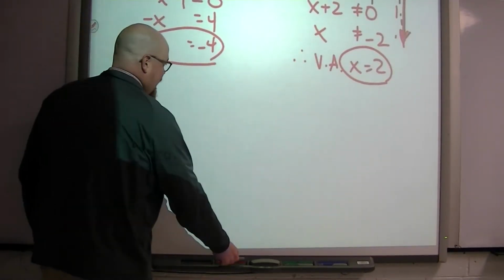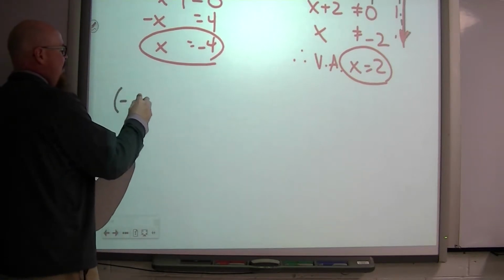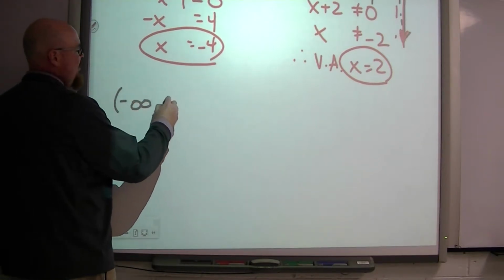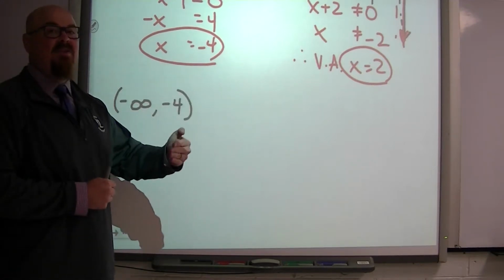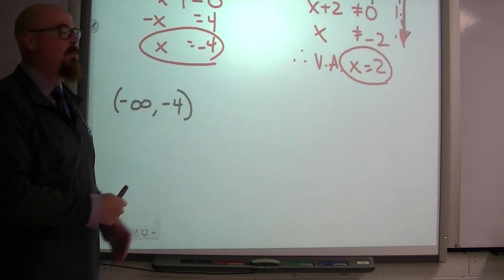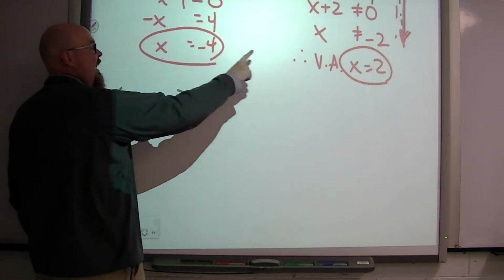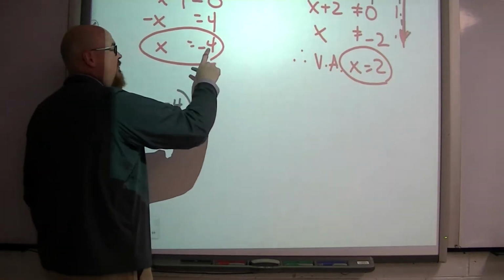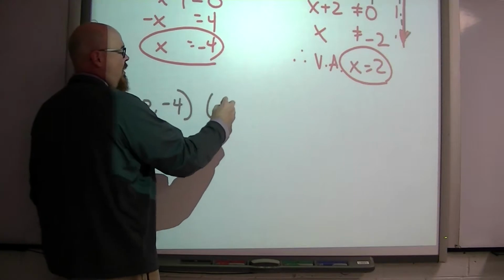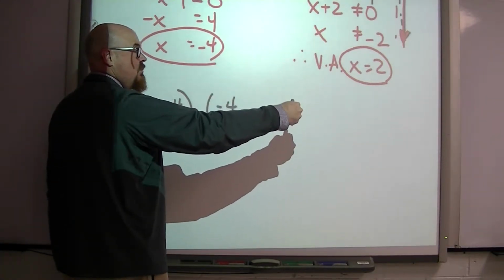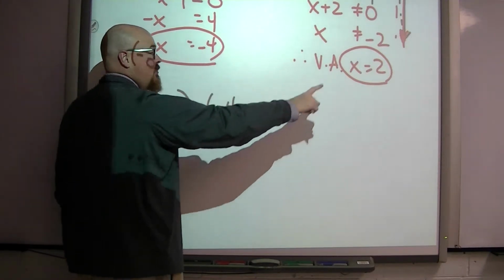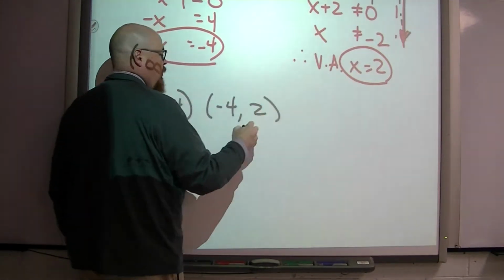But the bottom line is we're now taking the domain and we're separating it into the intervals where we stop each interval at either a 0 or an asymptote, and then we pick up on the other side. So the first number that I get to that determines one of these intervals is -4. Then I pick up at -4 and I go until I get to the next value, which is either a 0 or an asymptote, in this case the vertical asymptote at 2.